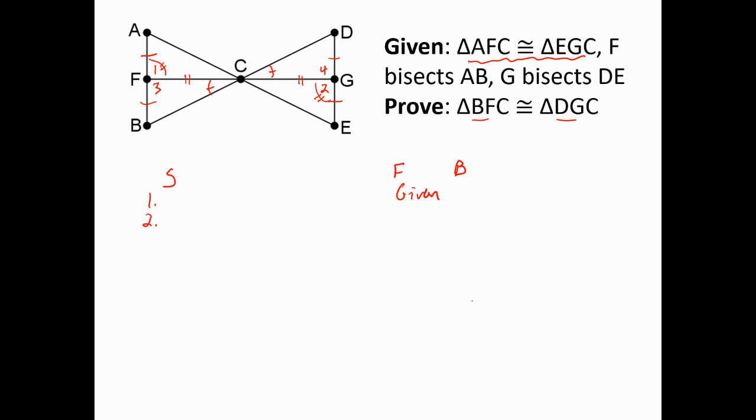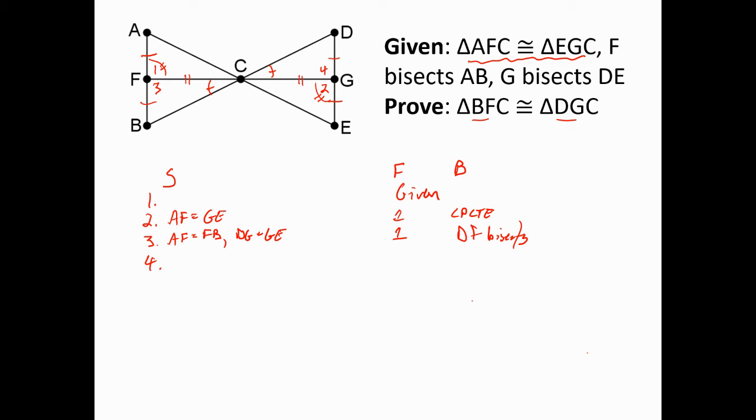So let's see, what did we know to be the case? We knew that AF was equal to GE, and that followed from the given by CPCTE. And we also knew that AF is equal to FB, and we knew that DG is equal to GE. That also followed from the given by the definition of bisects. We could, of course, use midpoint terminology if we wanted, but bisects means the same, cuts into two equal parts. And then think about what all of these mean, right?